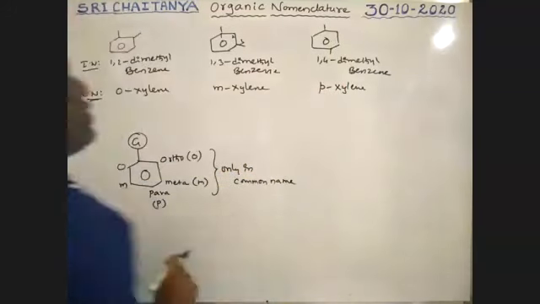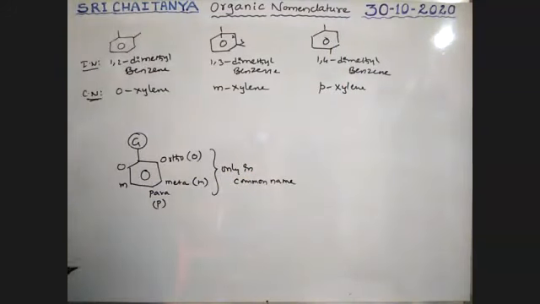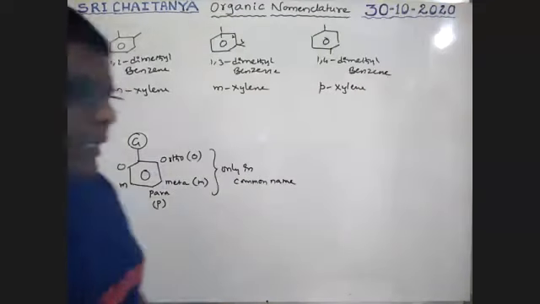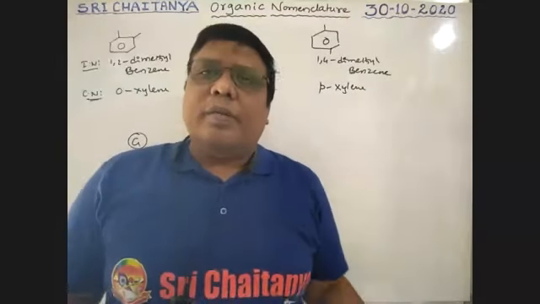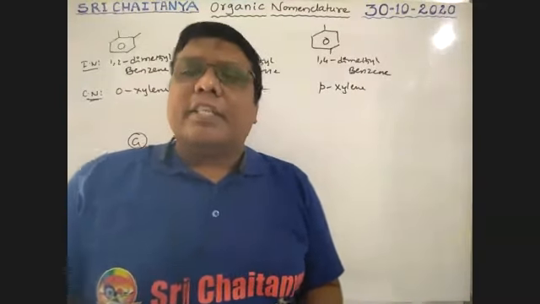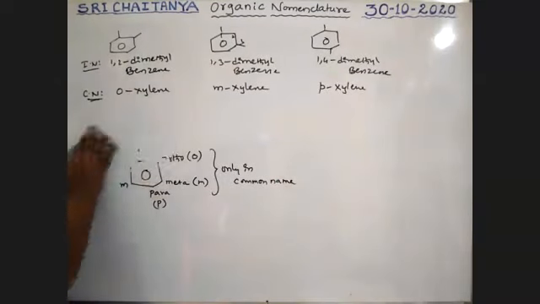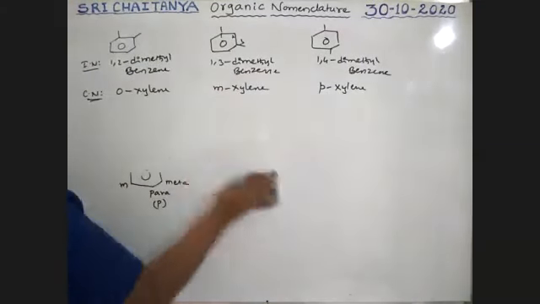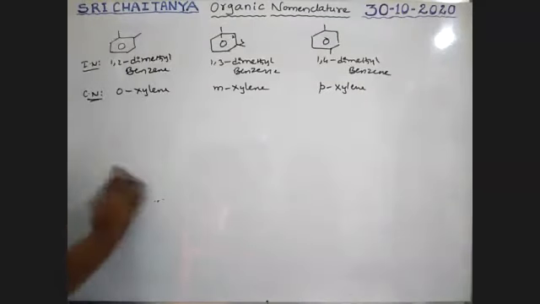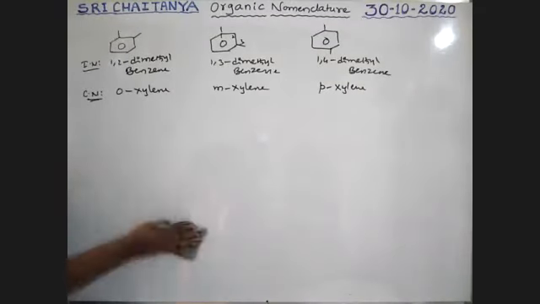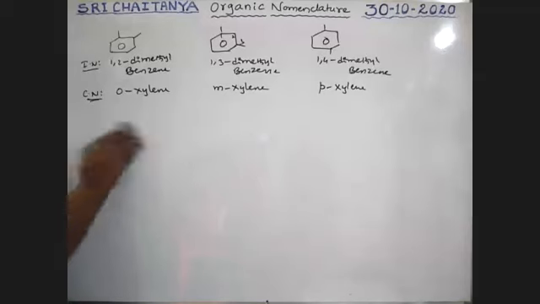It is a para position. So xylene means benzene connected with 2 methyl groups. Orthoxylene, metaxylene, paraxylene are the common names, but the IUPAC names are 1,2-dimethylbenzene, 1,3-dimethylbenzene, 1,4-dimethylbenzene.